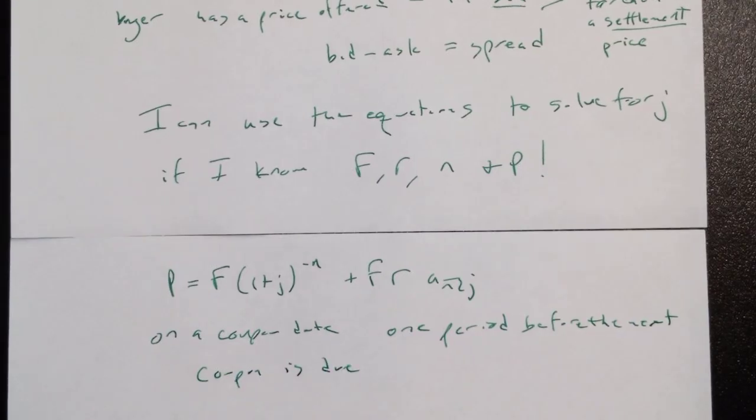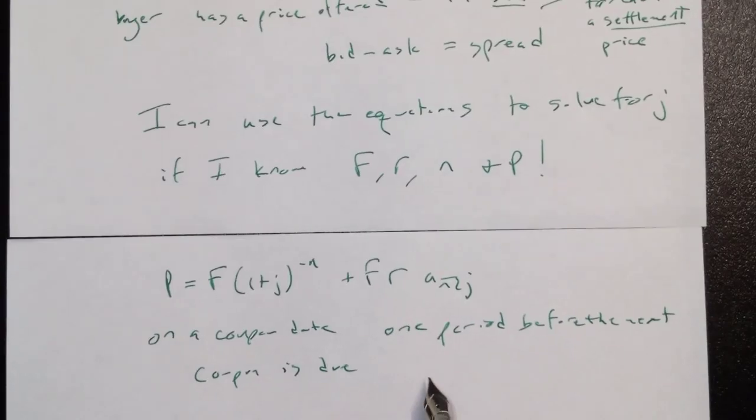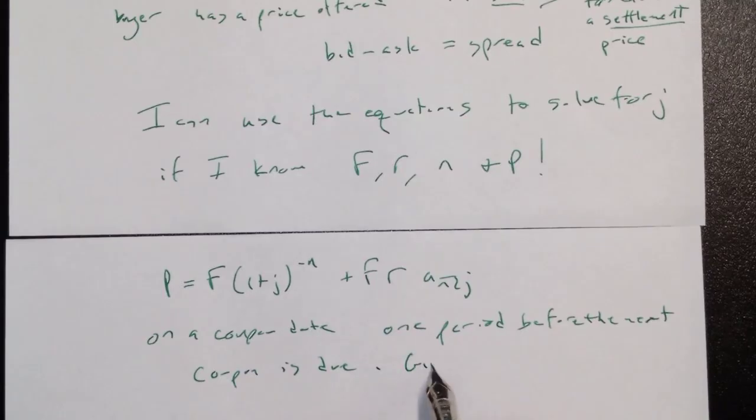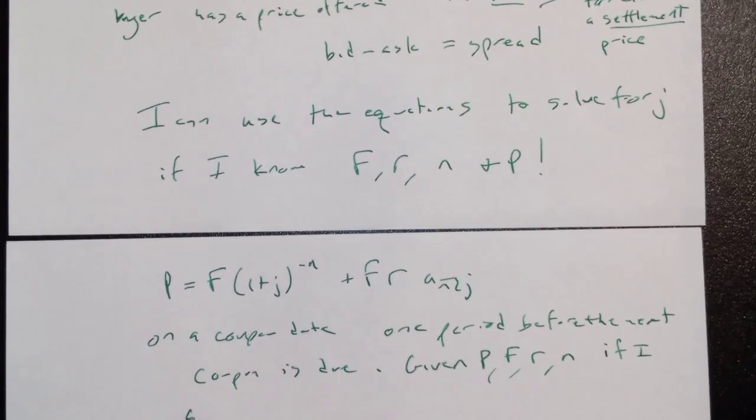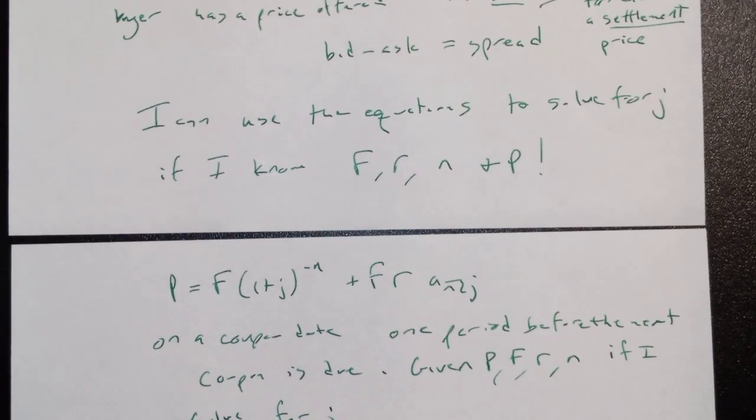So we were talking about July 1st, January 1st. So this is January 1st, but you've already been paid the coupon. So you're not counting that coupon. Then I can find, given P, F, r, N, if I solve for J, that's my yield rate.